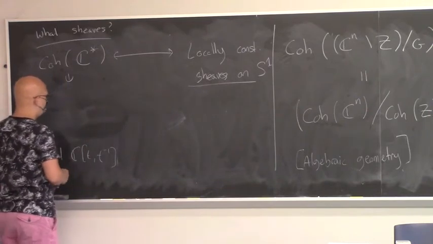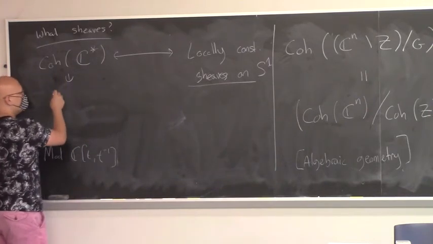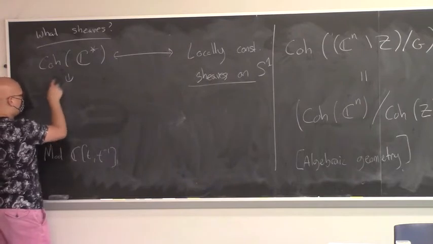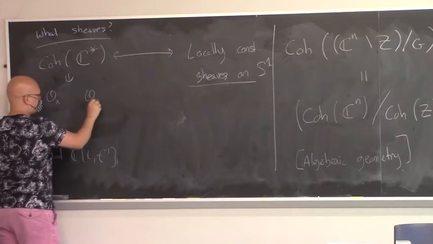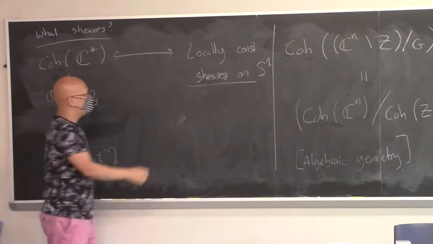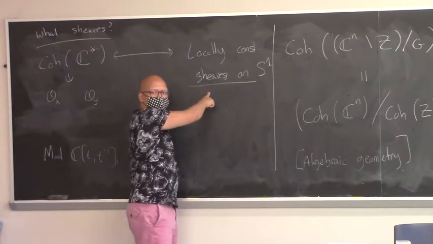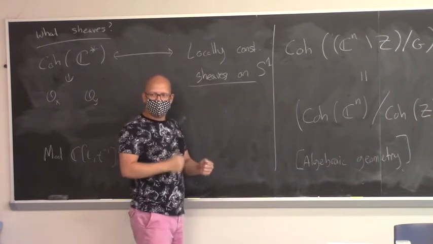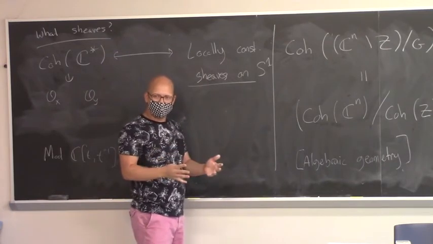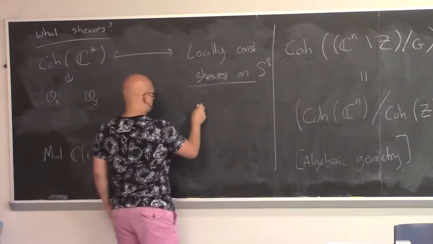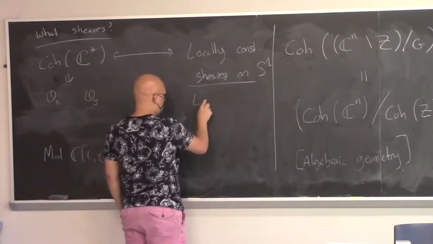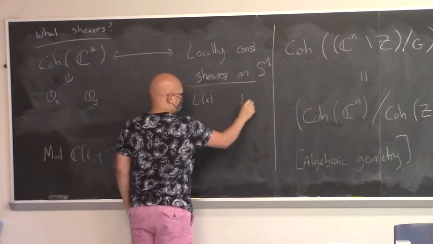Let me just do an example. So if I have two skyscrapers here, O of x and O of y, at 2 points x and y, I get rank 1 locally constant sheaves of monodromies x and y. Let me just write those as L_x and L_y.